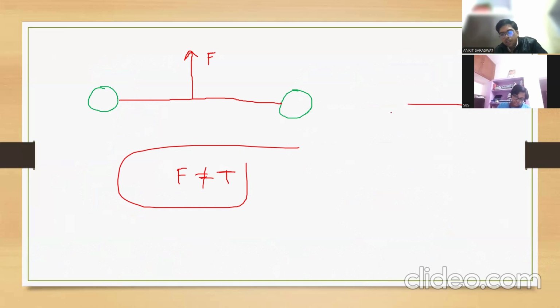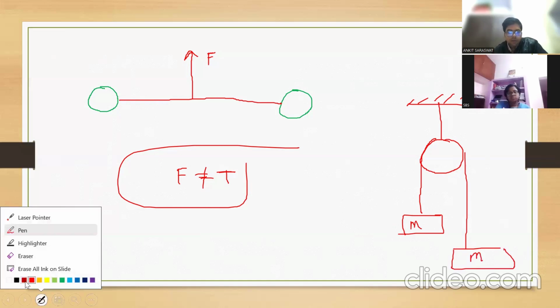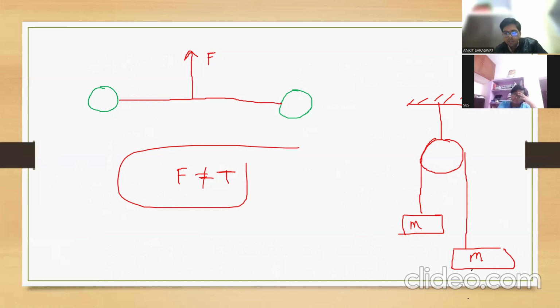One more case, like for example, this is a case. One block is here. One more block is here. Let us suppose mass M. Now if you apply a force like this, F is equal to 2 mg.